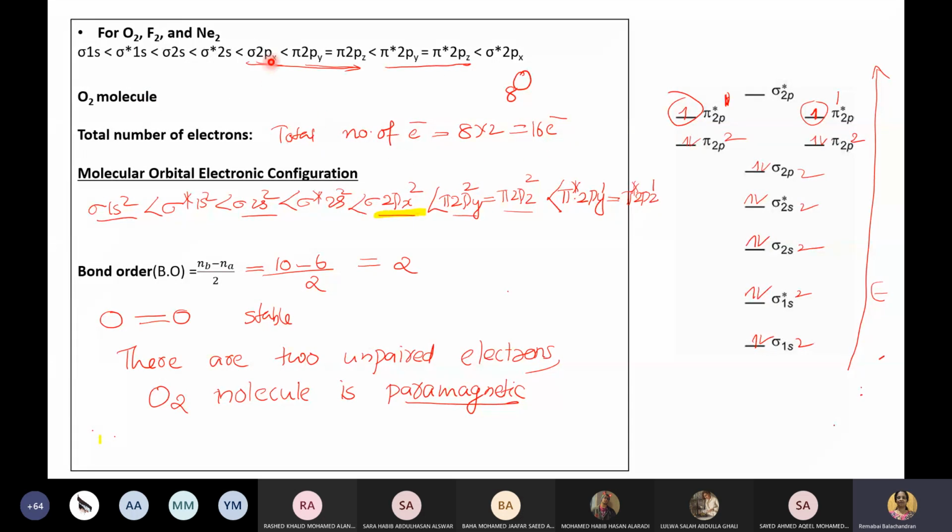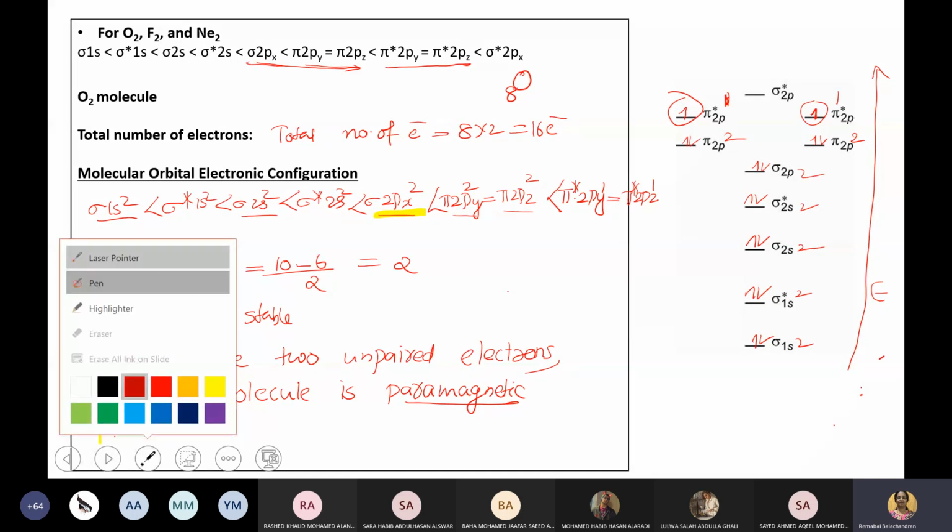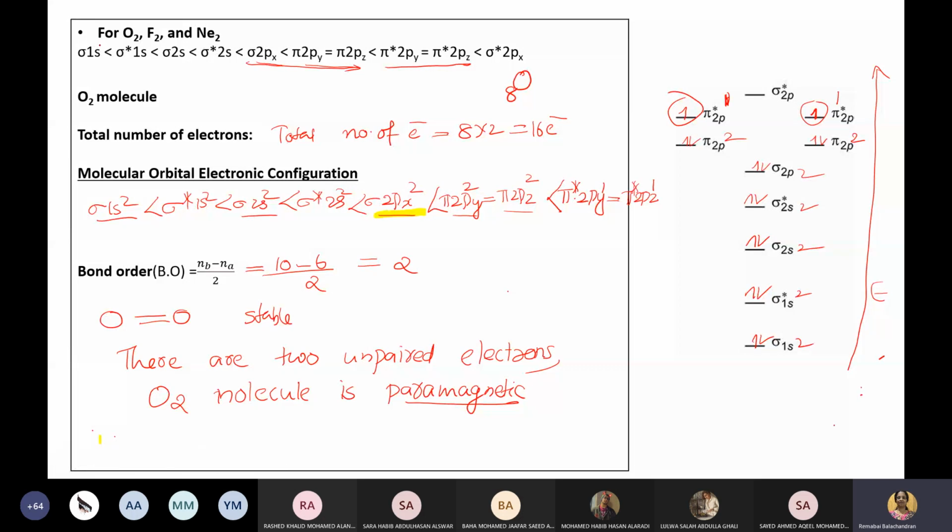Who asked me the question just now? What is your name, my dear? Mohammed, can you tell me the electronic configuration? I'm going to fill it here. Tell me the configuration. Sigma 1s2, then?